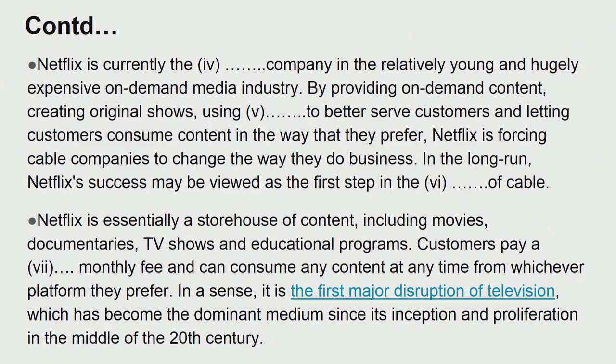In the long run, Netflix's success may be viewed as the first step in the dash of cable. Netflix is essentially a storehouse of content, including movies, documentaries, TV shows, and educational programs. Customers pay a dash monthly fee and can consume any content at any time from whichever platform they prefer. In a sense, it is the first major disruption of television, which has become the dominant medium since its inception and proliferation in the middle of the 20th century.